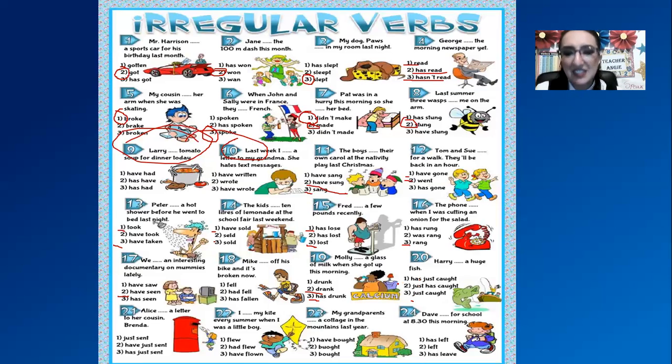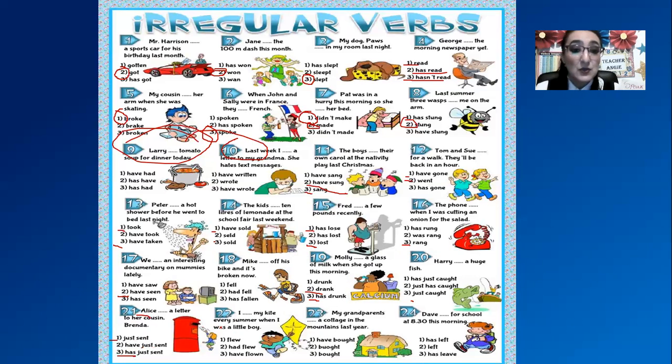Has just scoffed. Number 21, Alice, I don't know what, a letter to her cousin Brenda. Just sent or have just sent. Sorry, has, because it's Alice, has just sent.